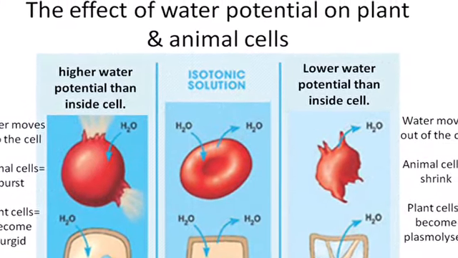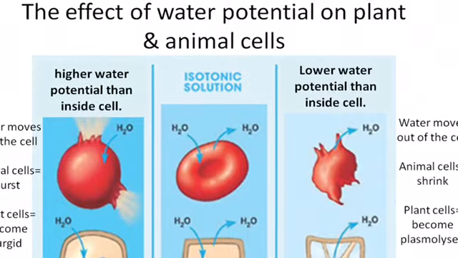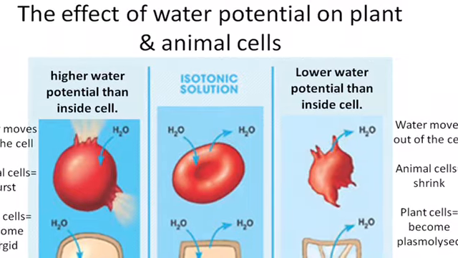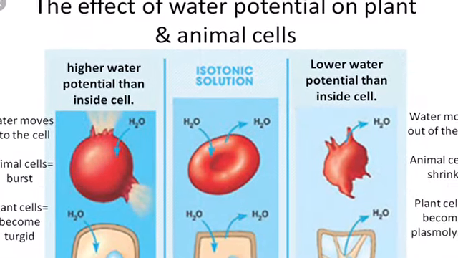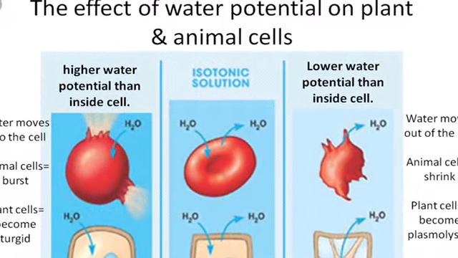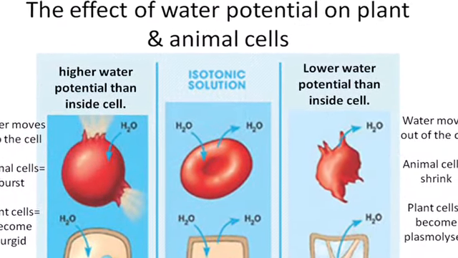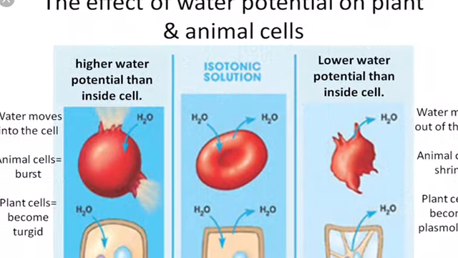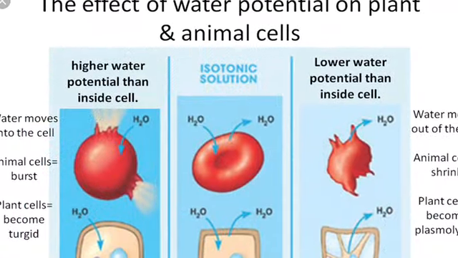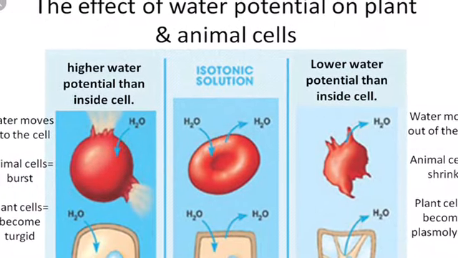So wherever the highest concentration of solute is, that is where water will go. So in a hypotonic condition for a cell, if the concentration of solute is higher on the inside of the cell, that means that water will move inside the cell. When this happens, the cell will swell or expand. And if we have too much water on the inside of the cell, it will lyse, meaning that the cell will burst.